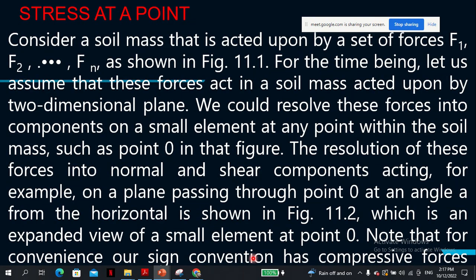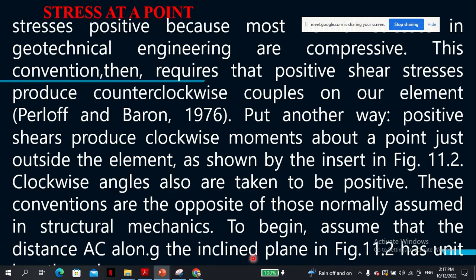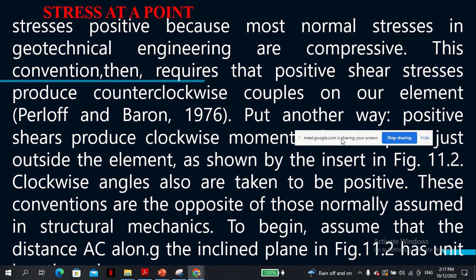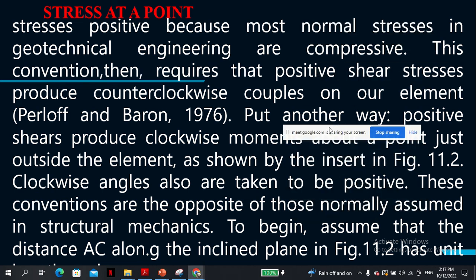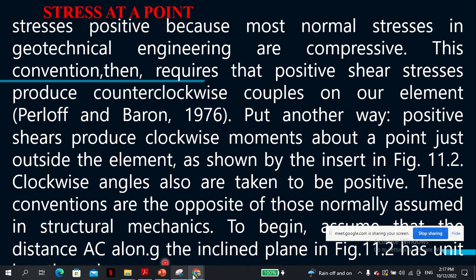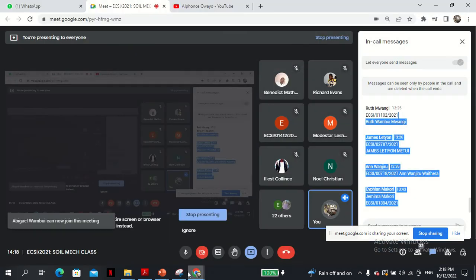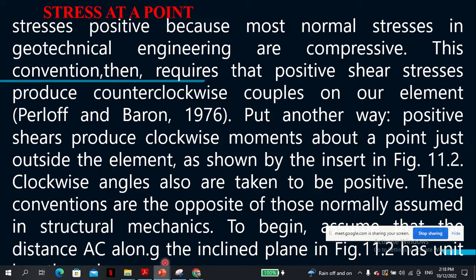Note that for convenience, our sign convention has compressive forces positive, because most normal stresses in geotechnical engineering are compressive. So here we assume compressive forces are positive.